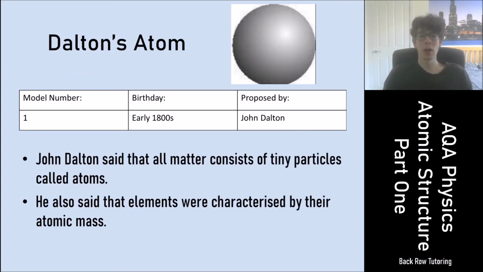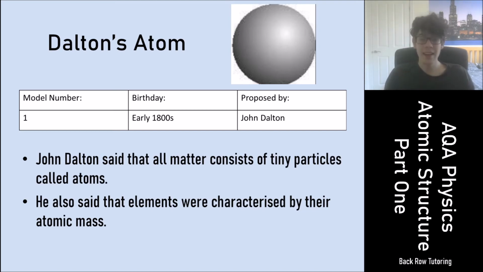The first model of the atom is the Dalton atom, or Dalton's atom. This is model number 1, and this was known about in the early 1800s. John Dalton proposed this, and that's why it's called the Dalton atom. John Dalton said that all matter consists of tiny particles called atoms.